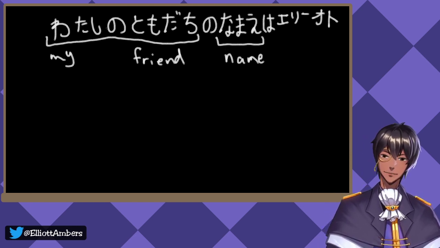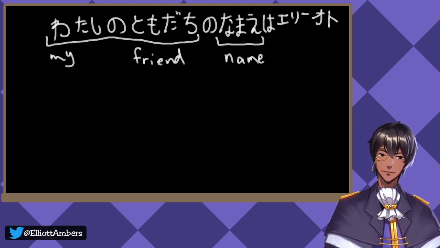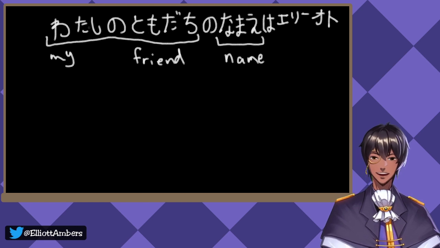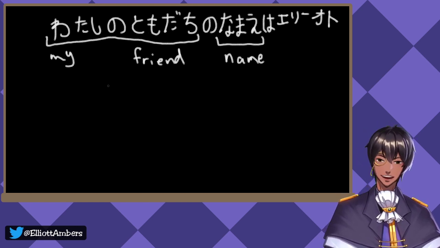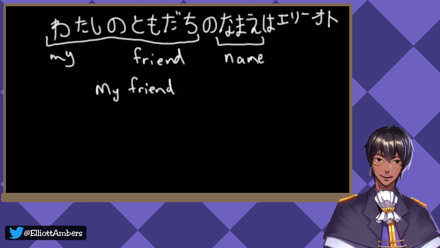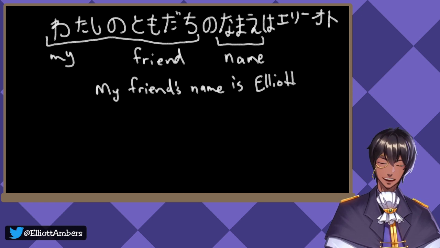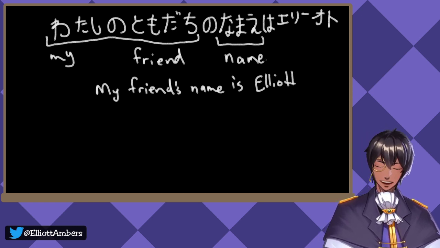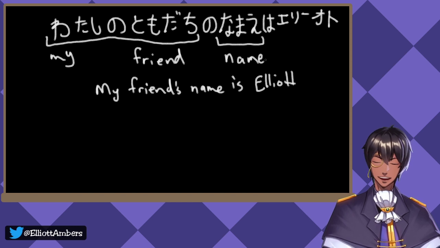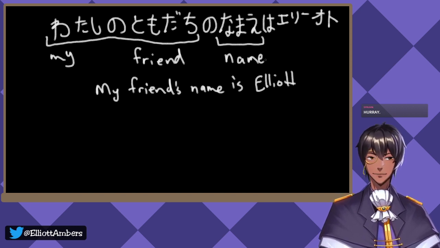The person that we're talking about is your friend. So in this first part, the friend is the main topic, and you're talking about a friend of yours. So this ends up being my friend's name is Elliot. A very good sentence. And that's really what that no is. It connects two ideas, with the main idea being that second term.